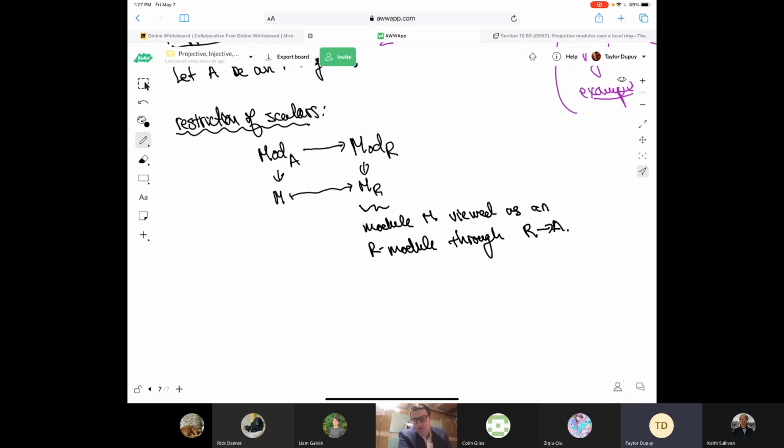So we take the element of R, stick it into A, and then multiply by it. But we're only going to use the R multiplication. Okay, so this is restriction of scalars.